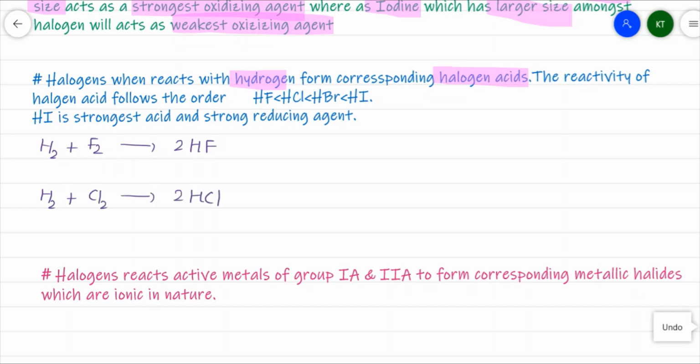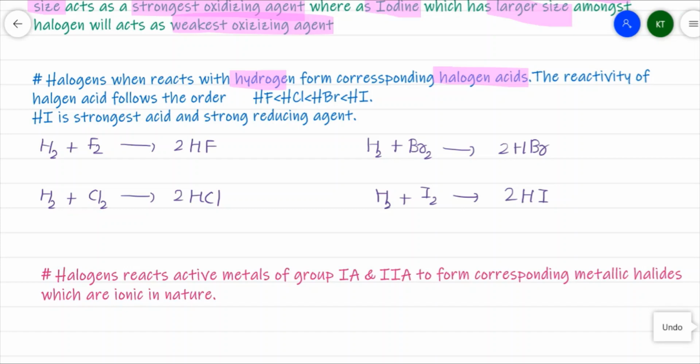These are actually gases, but they are highly soluble in water, so when you dissolve them in water, they give you the corresponding acid. Then hydrogen combines with bromine to give hydrobromic acid, and hydrogen combines with iodine to give hydroiodic acid.